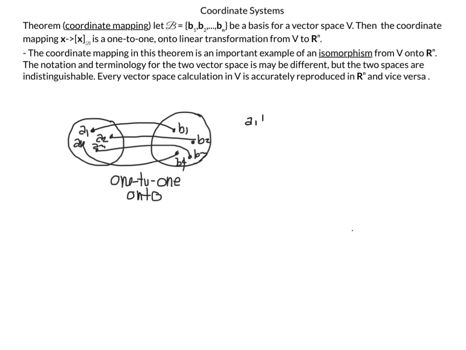If you add A1 plus A2, let's say you get A4, that means over here in the B space, if you add B1 to B2, you're going to get B4, because A1 corresponds to B1, A2 corresponds to B2, and A4 corresponds to B4. So these addition properties and scalar multiplication are totally analogous between the 2 spaces, because the 2 spaces are simply a renaming of the vectors, and the structures all come with it.